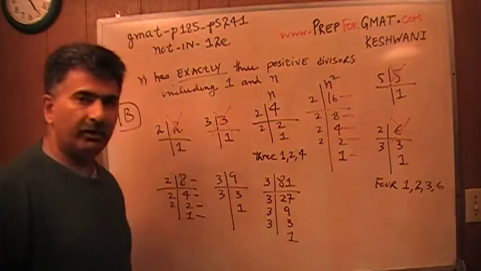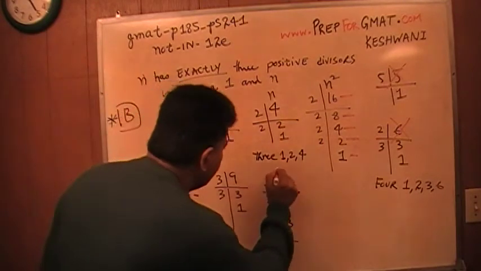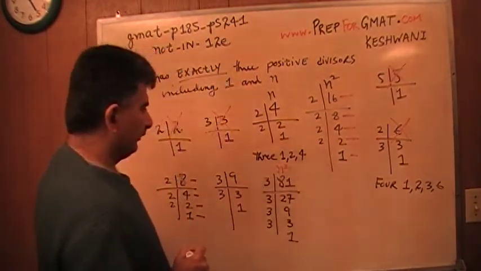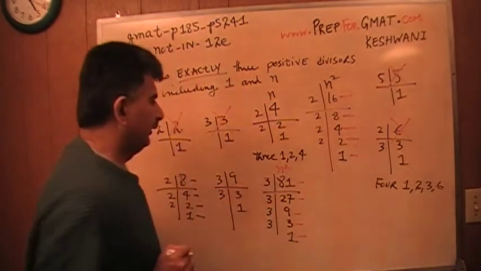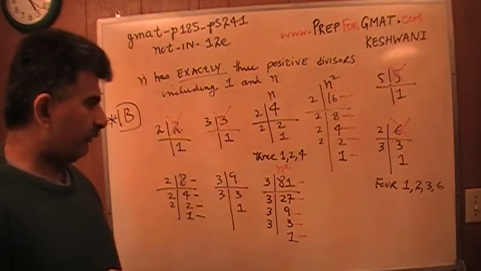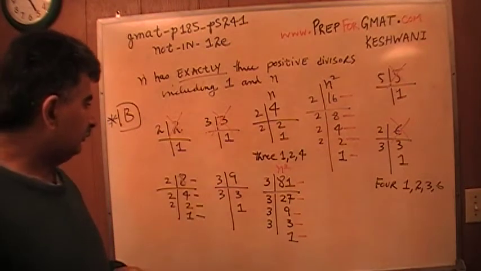Similarly, we should get 5 divisors again because the answer is not going to change. The answer is n squared has 5 divisors: 1, 2, 3, 4 and 5. 81 will go evenly into 81, of course, 27, 9, 3 and 1. That's all. So that's 9.